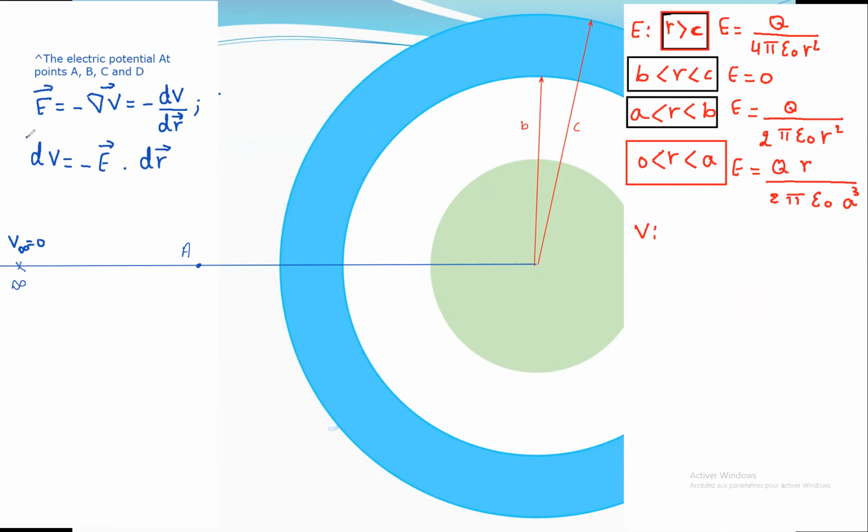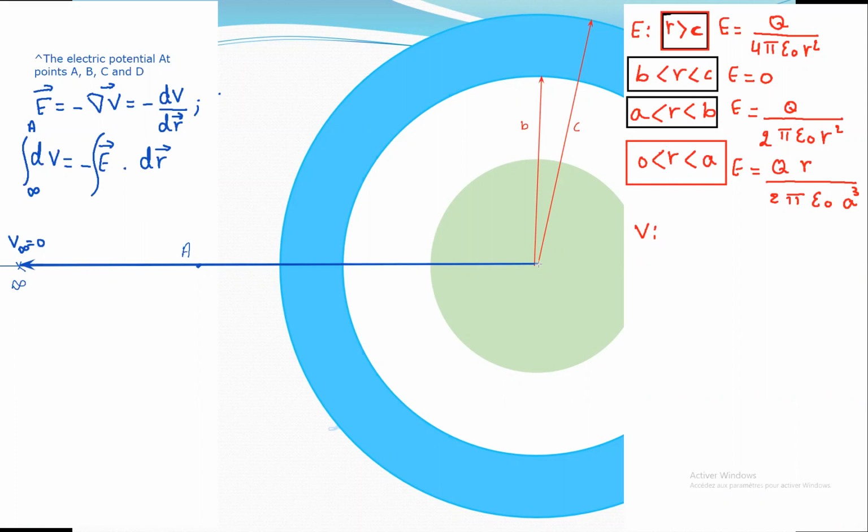If we do the integration, V will be between infinity and the point A. And here R, you know R is the distance from the center to the point. It will be from infinity to the point A, or you can say from the point A to infinity.